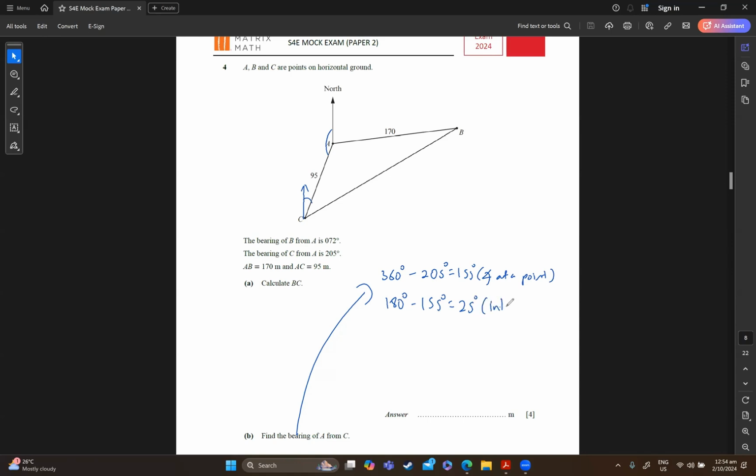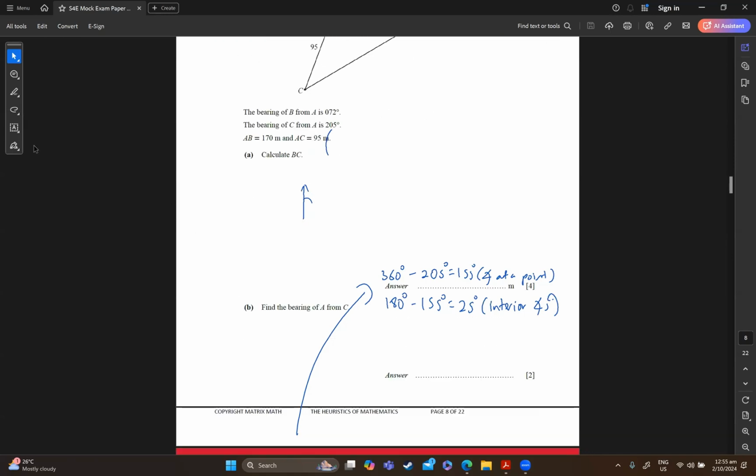Just write interior angles. Okay, so don't stop there. When you go and report your answer, they're asking for bearing. So for bearing, you cannot write 2 digits. It must always be in 3 digits. So your answer is 025 degrees.